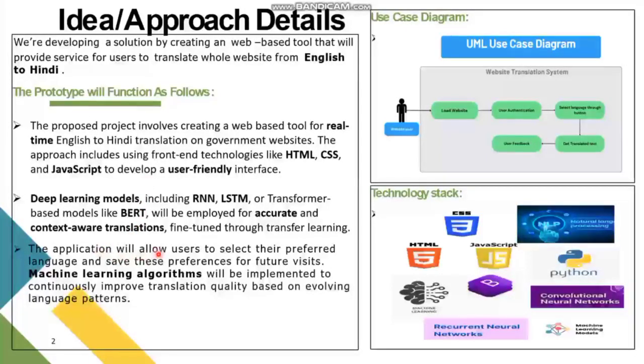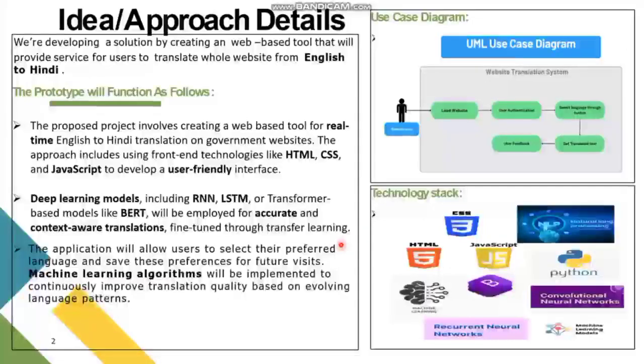The application will allow users to select their preferred language and save these preferences for future visits. If you are a regular visitor of the government website, then the option will be provided to save your preference. So, whenever you load the website, your preferred language website will be displayed.